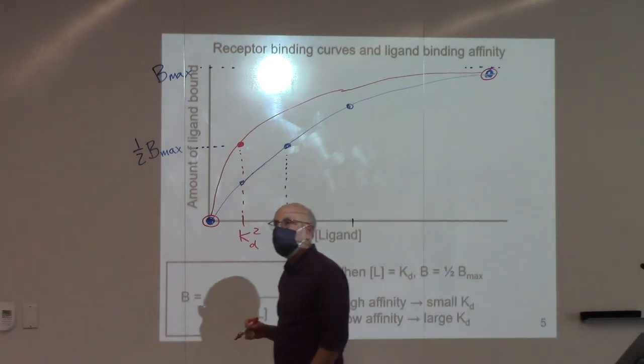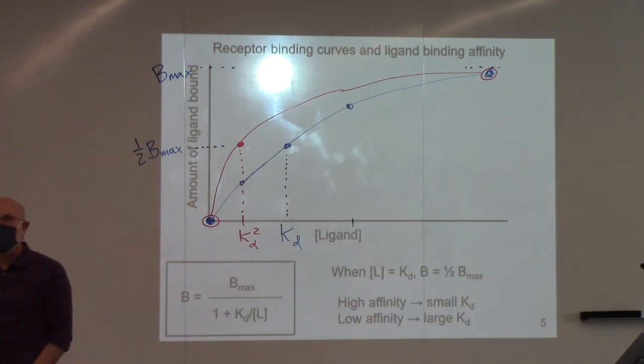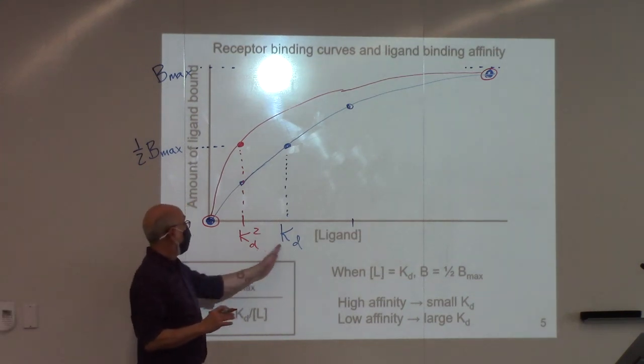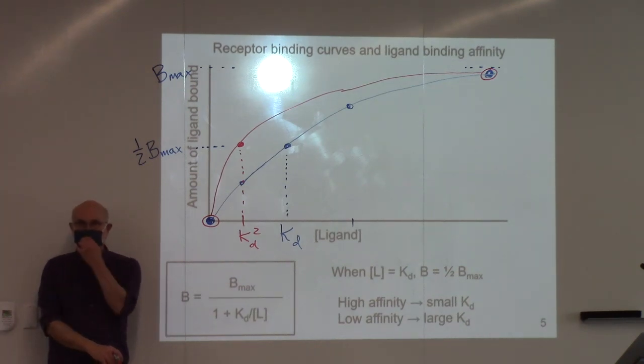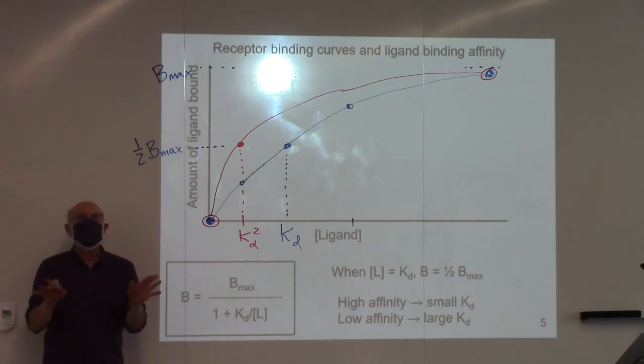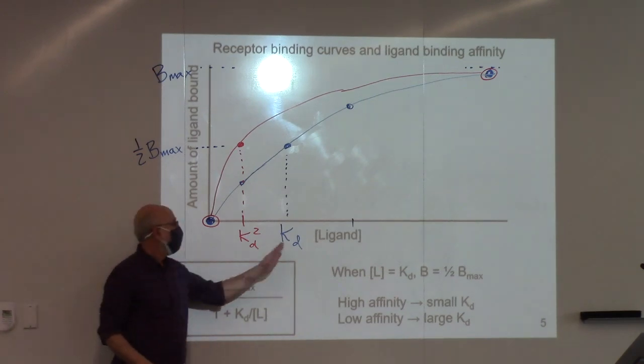Which receptor has the higher affinity for the ligand? The red receptor or the blue receptor? Somebody say an answer. Red or blue? Red. Red has higher affinity. And here's the key concept. Lower Kd, higher affinity. That's a key concept.